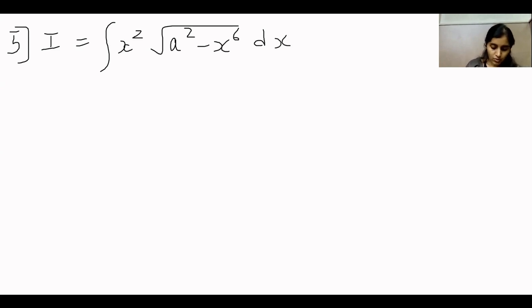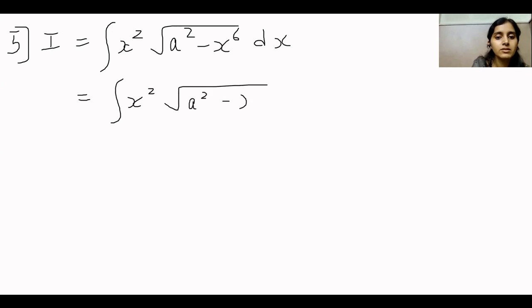Now, here we know that it's not of the form a square minus x square. So what we'll do is try to get it in that form. So what we can do is write this as x square root of a square minus x cubed whole squared, dx.